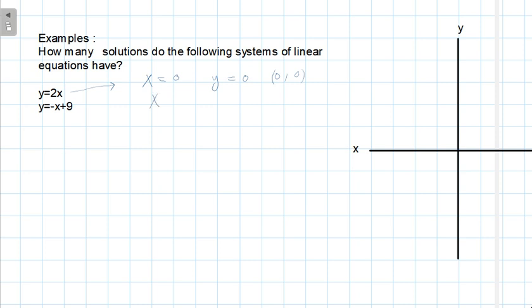If x equals, let's say, 5, then y equals 10. I have another point, 5, 10. So let's represent 0, 0 and 5, 10.